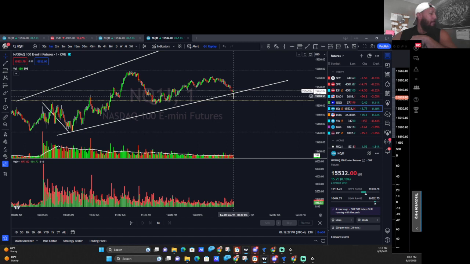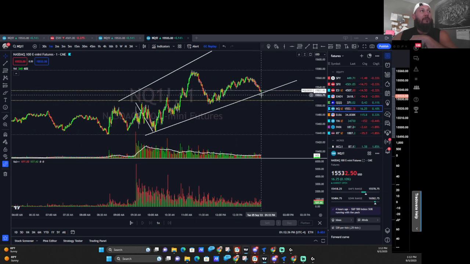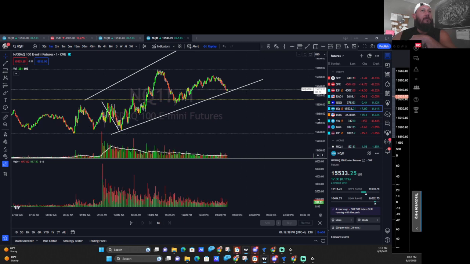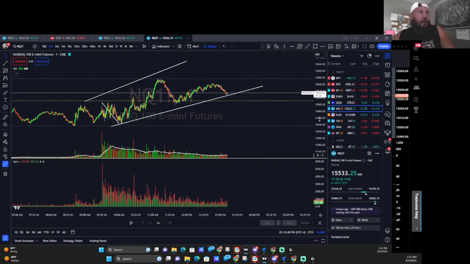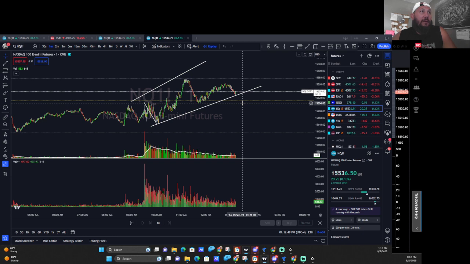So now, if price breaks below and holds below this line on, say, the 5 and the 15-minute chart, it is very likely that you will see price go down to, let's see, at the minimal, this level, 1504. This next level, 15477, or possibly this level, 15444.